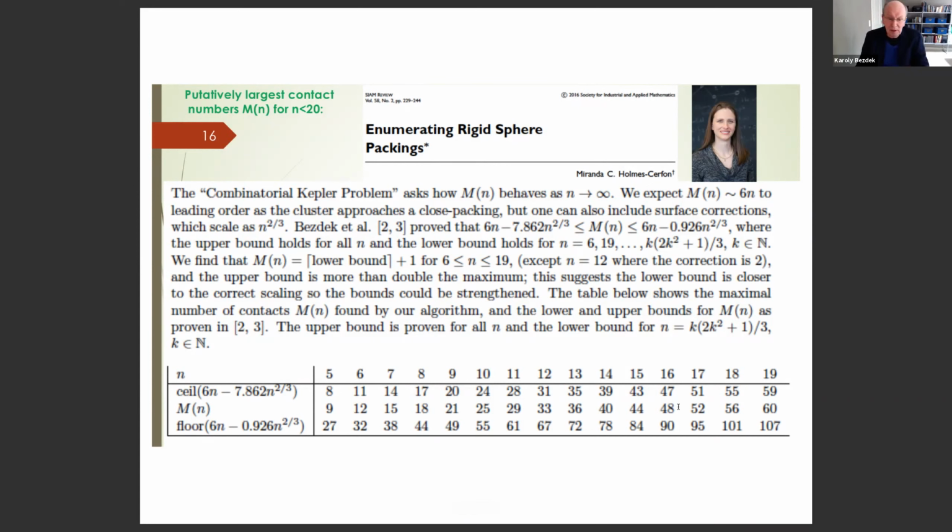And when you look at this chart, the interesting thing worth observing is that the lower bound I stated on the previous slide does a reasonably good job here. It is not far at all from the largest contact numbers found in this paper. The difference is typically 1, except in the case of 12, where the lower bound is off by 2.